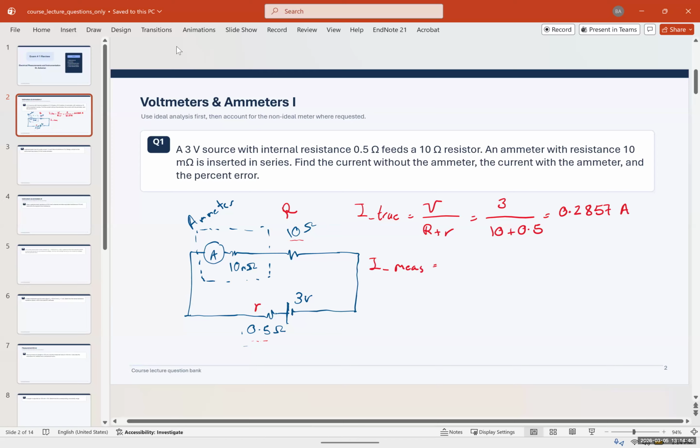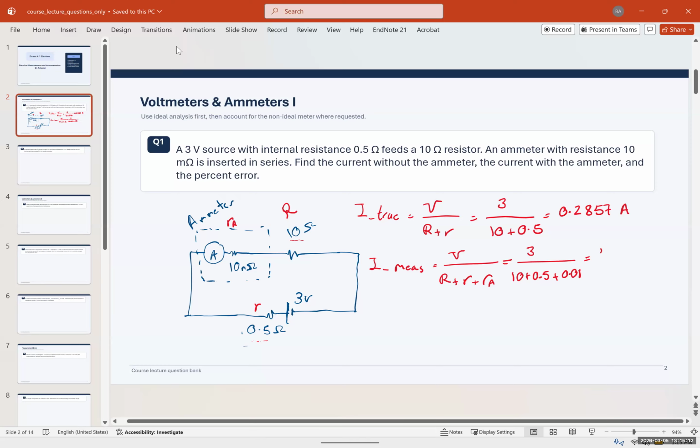And now the measured value, I measured, is going to be equal to, again, V over R plus R, and I'm going to call this RA, R of the ammeter, which is going to be equal to 3 over 10 plus 0.5 plus RA, which is 10 milliohms, or in other words, 0.001 ohms.